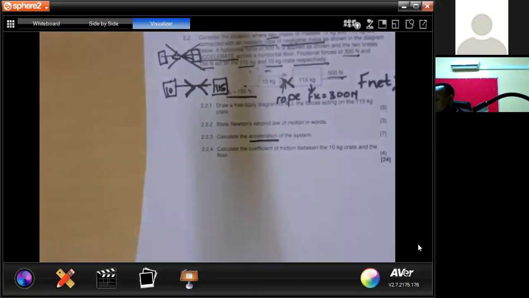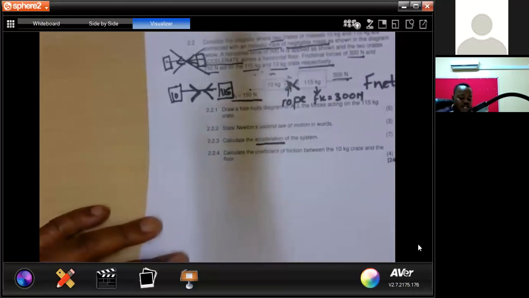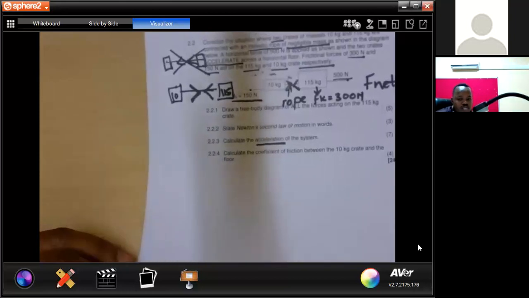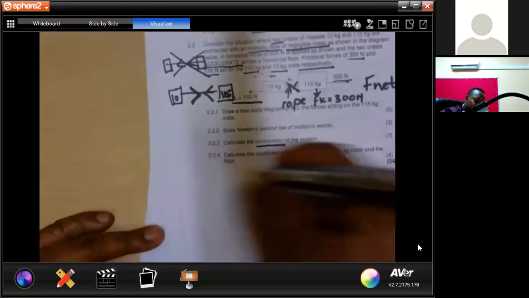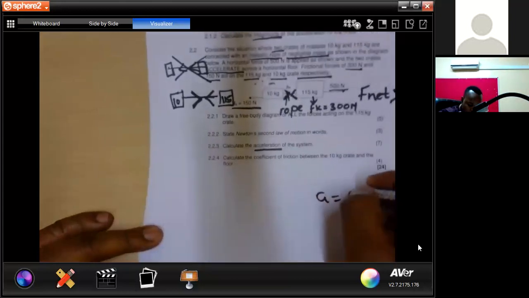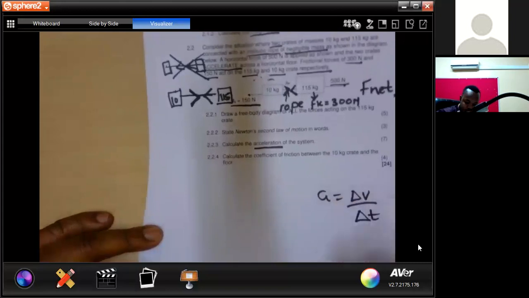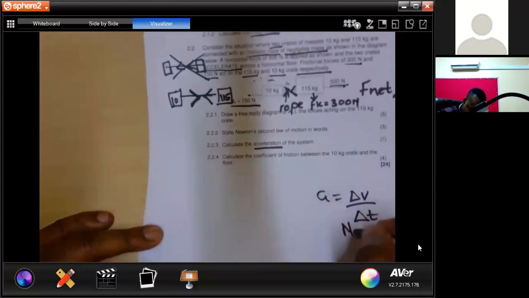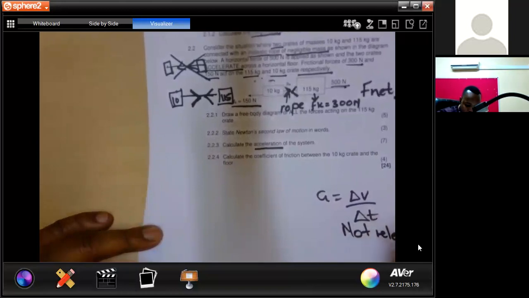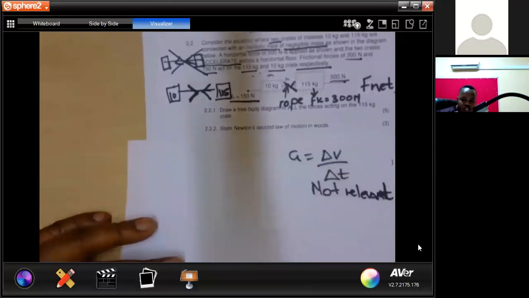Now, remember how we calculate acceleration. We have 2 formulas. We can use that one where we say a is equal to delta v divided by delta t. But for now, this one is not relevant. And why is it not relevant?